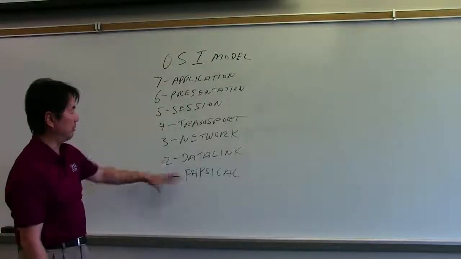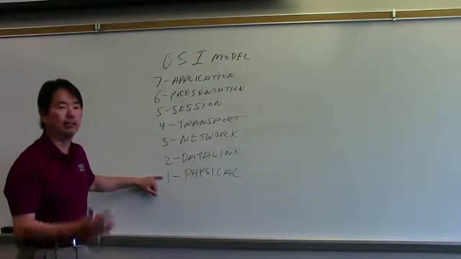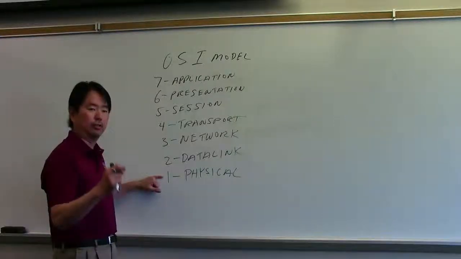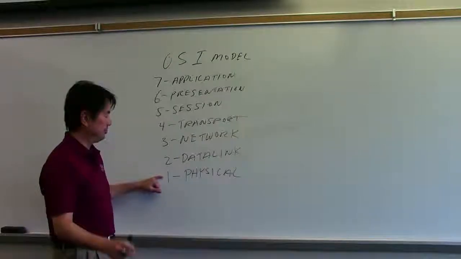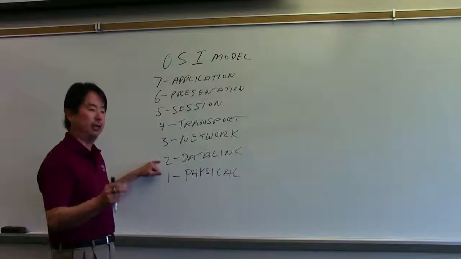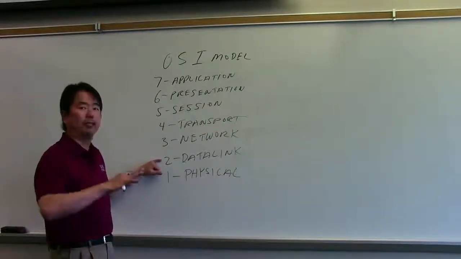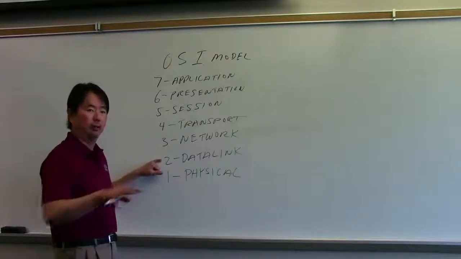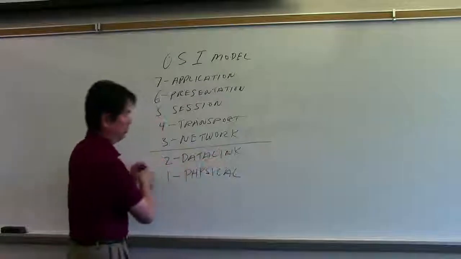Now, if we take a look at the model, we'll begin on the physical layer. On the physical layer, that's going to consist of the 1s and 0s, the electricity, the power, your cable, and your basic hubs. On layer 2, on the data link, that will be your switches, and here is where you have your collision domains. Now, to have a basic network of just computers hooked together with no internet connection, you need these 2 layers to do that.